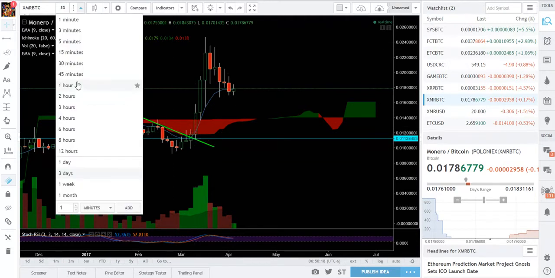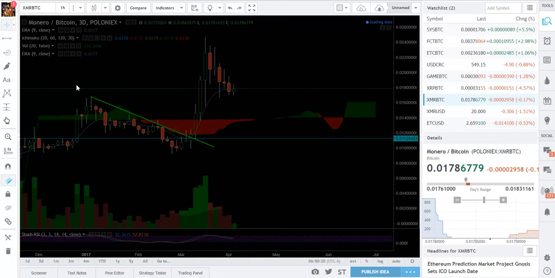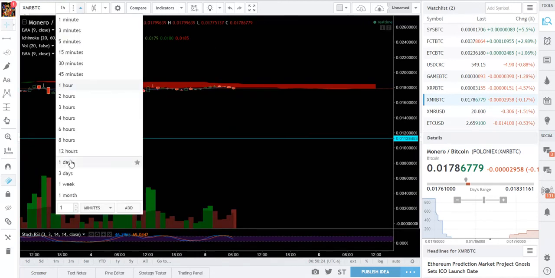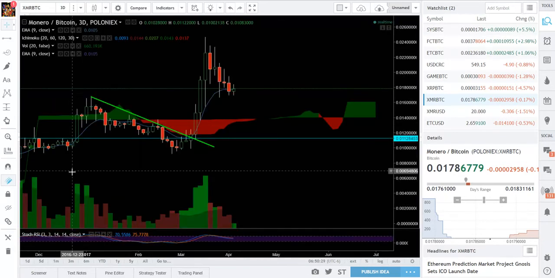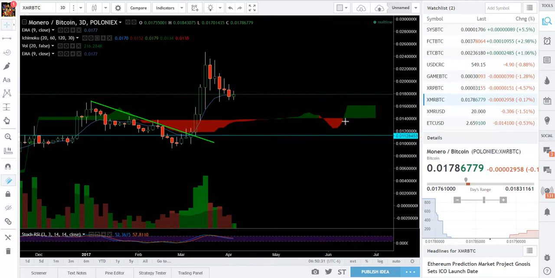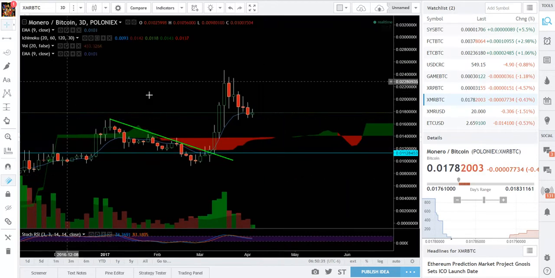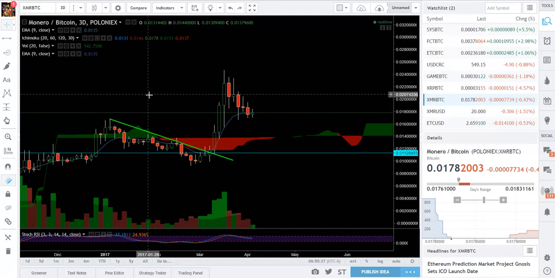Now we look at lower time frames. What did we get out of that move? Actually, let's start at the 3-day again and work our way back in. If you were just coming to the chart now and hadn't traded this market before, and you were looking for a place to enter Monero, you would ask how the chart looks on a higher time frame.